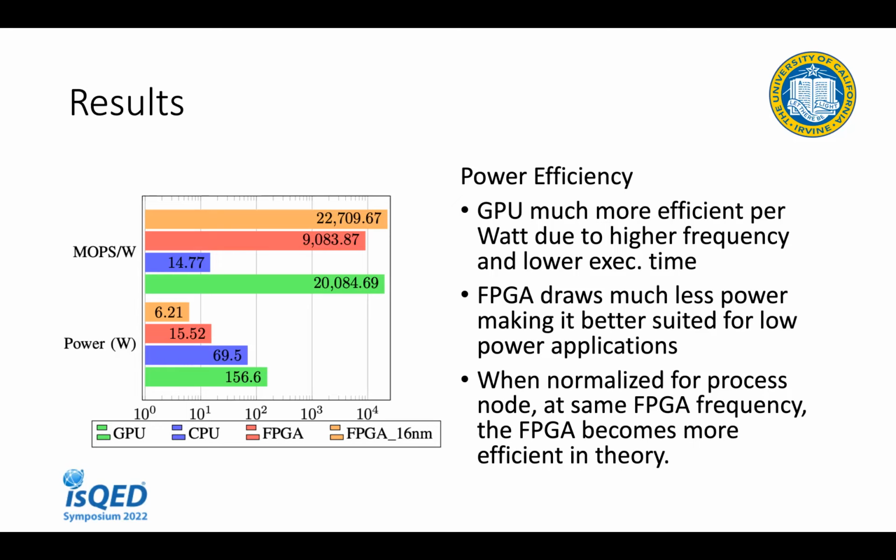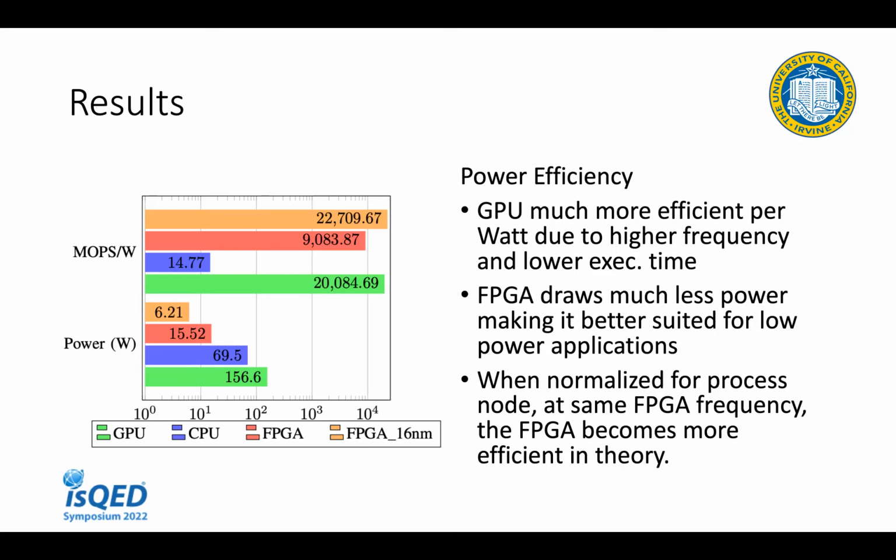However, there is a huge difference in the process node between the GPU and the FPGA we've used. The GPU is using a 16 nanometer process, whereas the FPGA we used is on a 28 nanometer process.